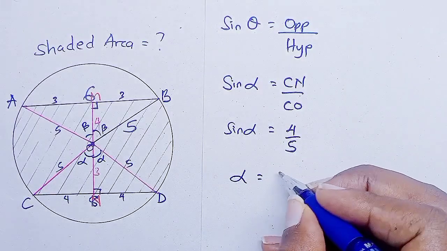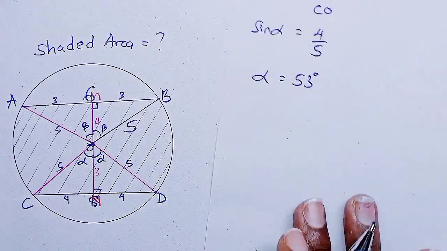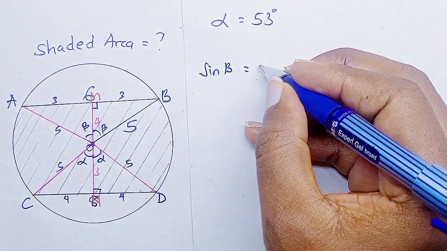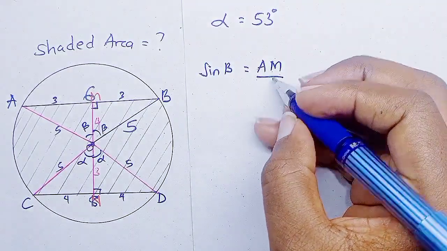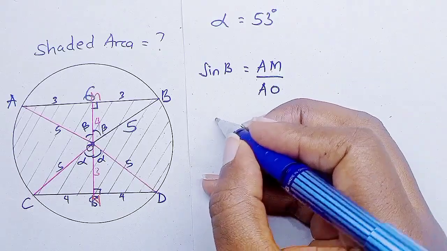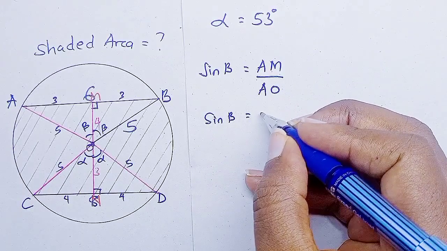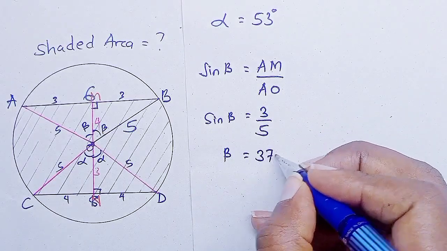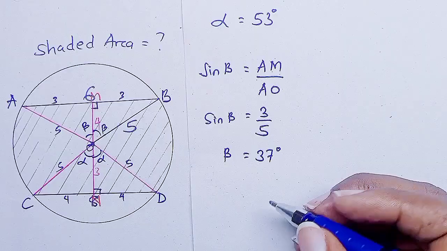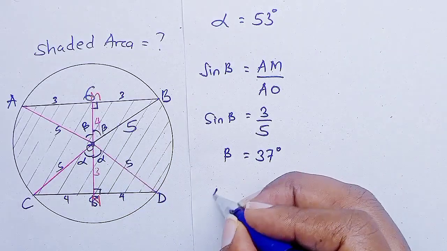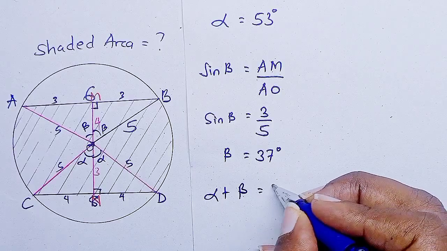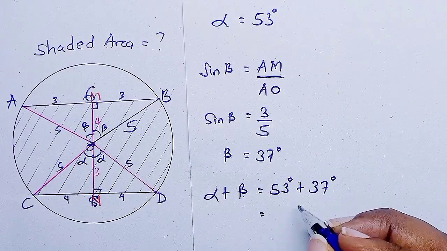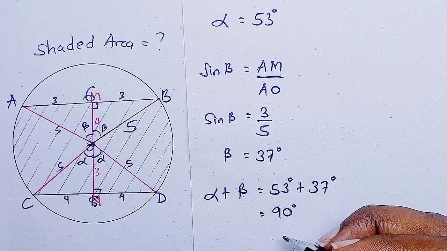So alpha will be equal to 53 degrees. Also sine beta will be equal to opposite, which is AM, over hypotenuse AO. So sine beta will be equal to 3 over 5. Therefore, beta is equal to 37 degrees. So we have alpha and beta. So alpha plus beta is equal to 53 degrees plus 37 degrees, which is equal to 90 degrees.